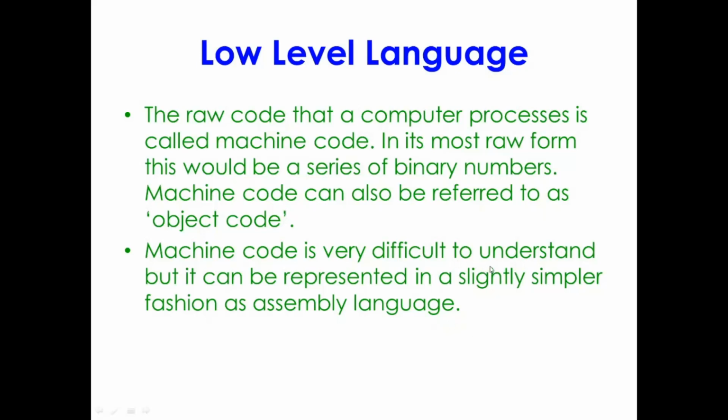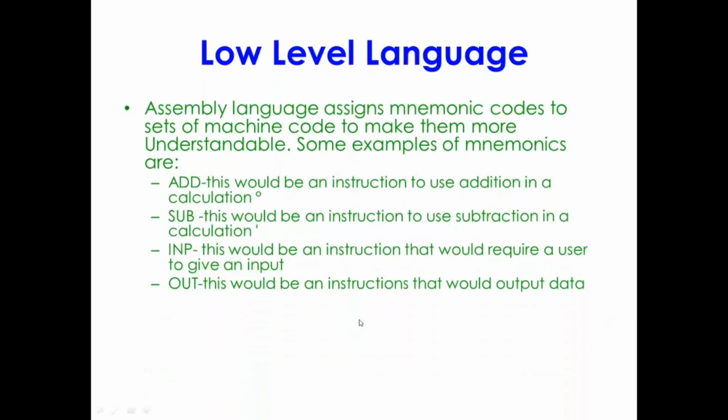Machine language is purely in zeros and ones, and it's very difficult to understand. But assembly language was introduced to make the machine language easier, and assembly language has some English words like add, sub for subtract, INP for input and OUT for output.